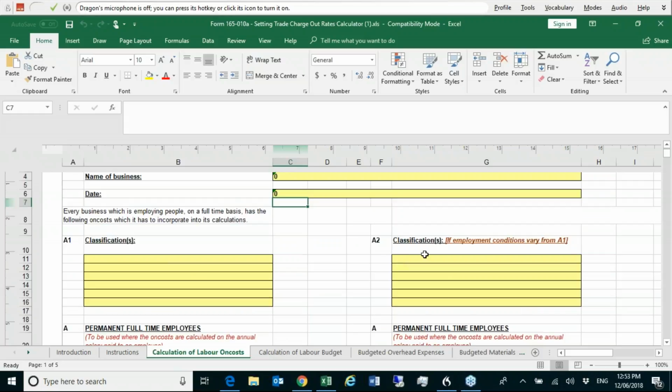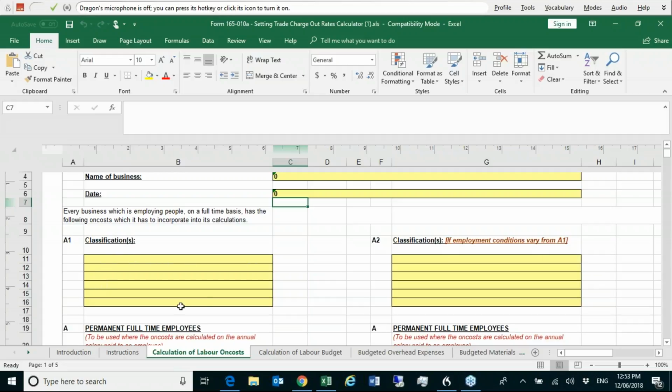We've grouped it into about 16 separate classifications, which enables you to put people who have got similar treatments when it comes to working hours and superannuation rates and any sort of loadings, etc., to be together so that the system will treat them.